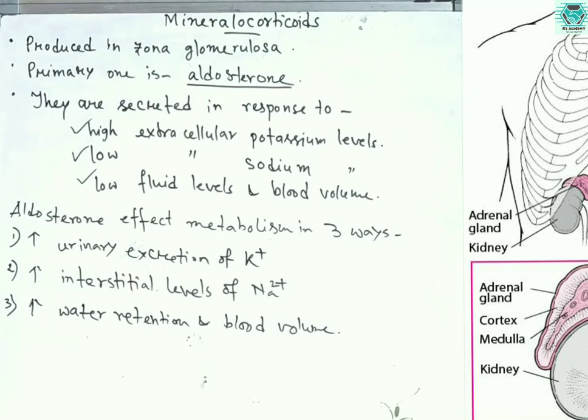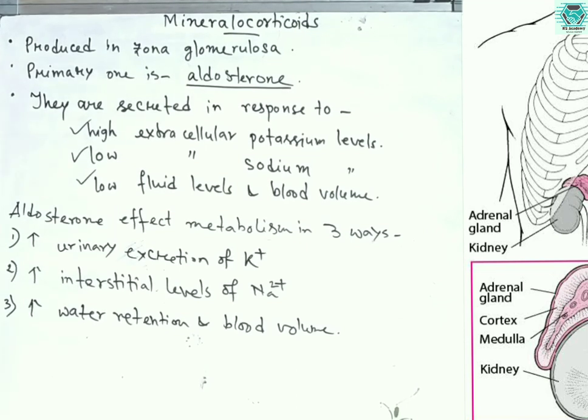Now, what does aldosterone do? Aldosterone affects metabolism in three ways. Number one, they increase the urinary excretion of K+. So if K+ is excreted via the urine in a large amount, there may be some regulation which combats the high extracellular K+ level.